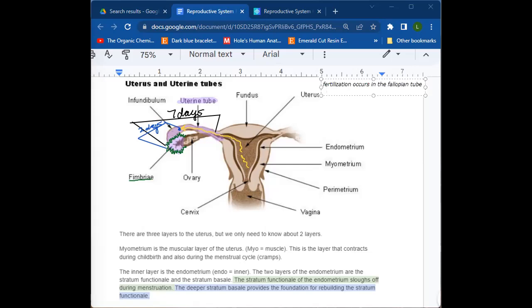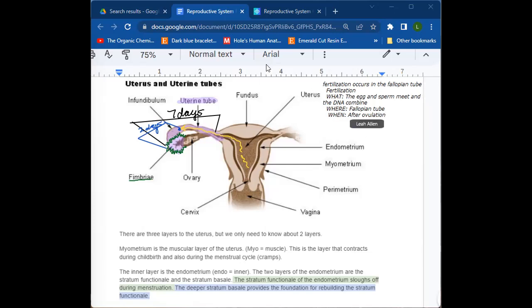Fertilization is when the egg and the sperm meet and the DNA combine. Where it takes place is the fallopian tube, and when is after ovulation, within 24 or 48 hours after ovulation.